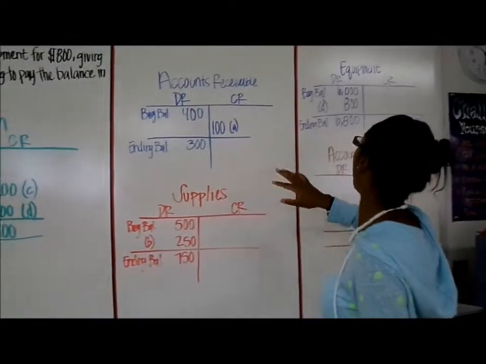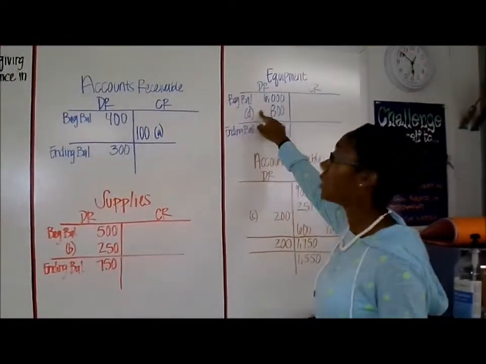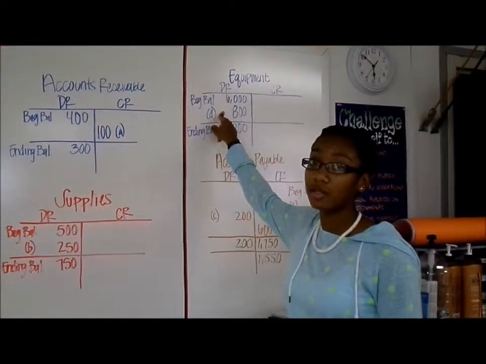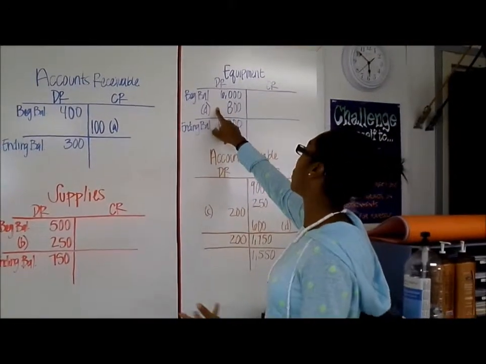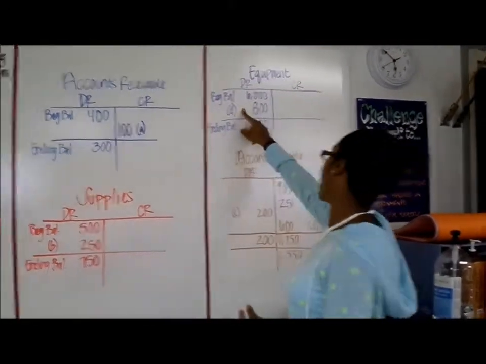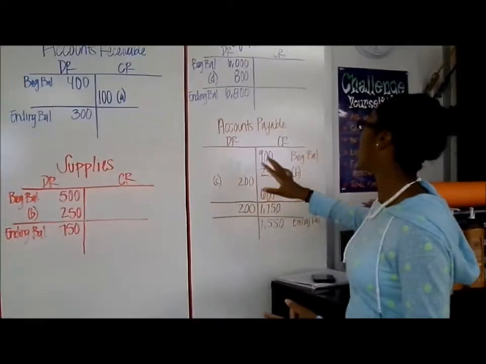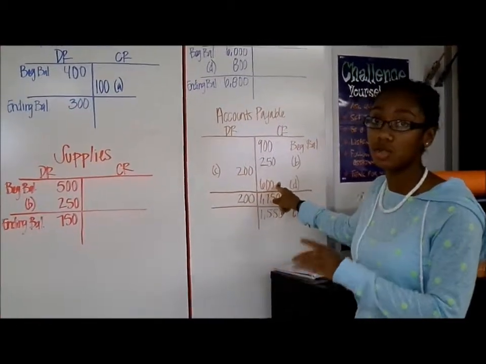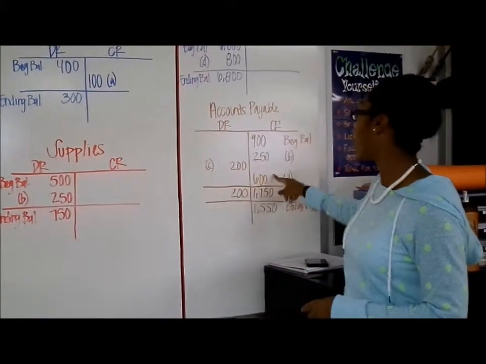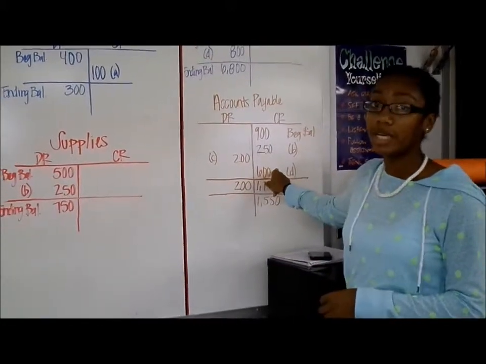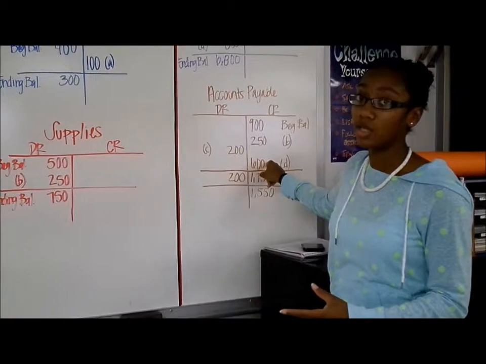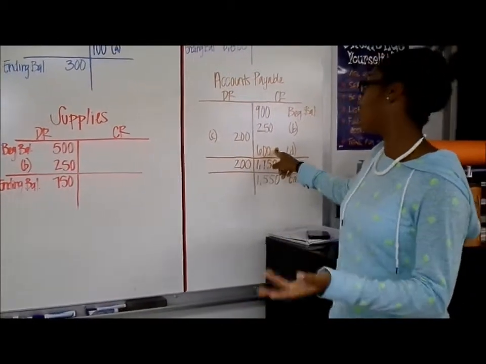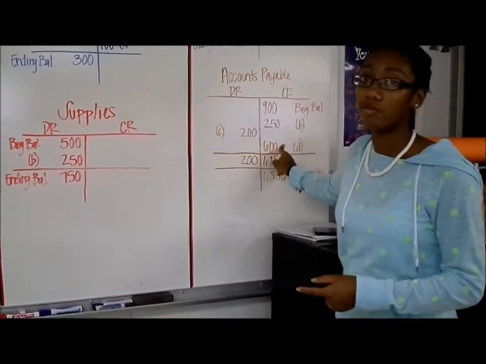And then you would debit equipment for $800 because you're increasing your equipment account. And then the rest of the amount, which is $600, because 800 minus 200 is 600, would be a credit to accounts payable because that is the amount that you still owe to the business that you purchased the equipment from.